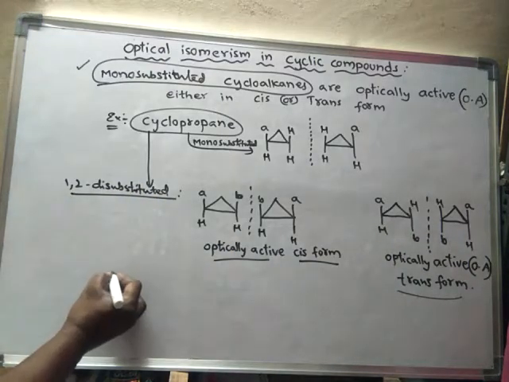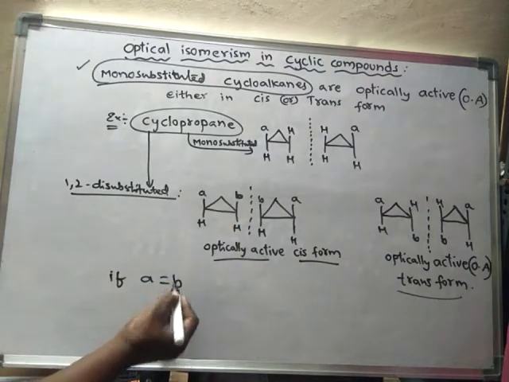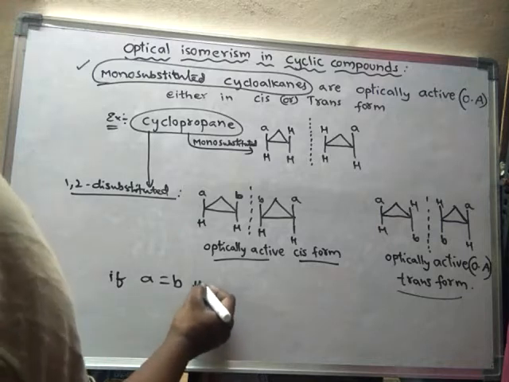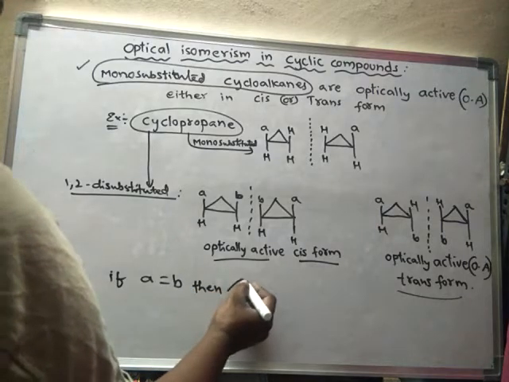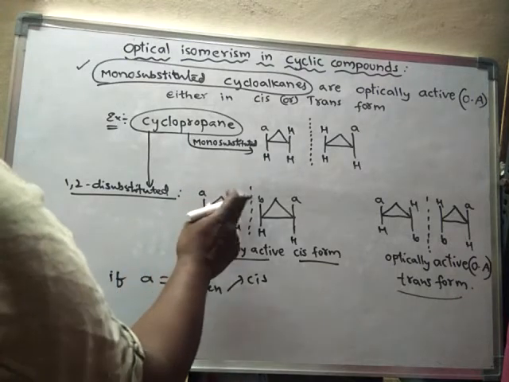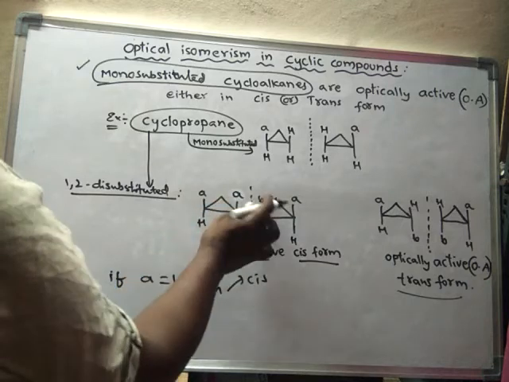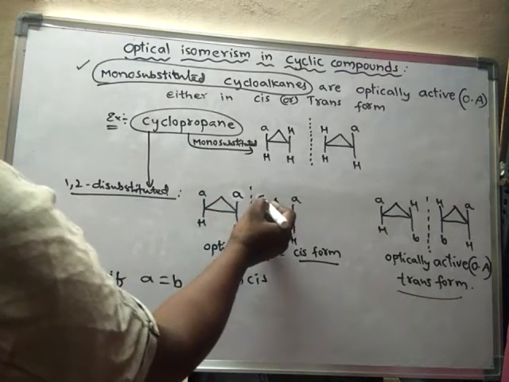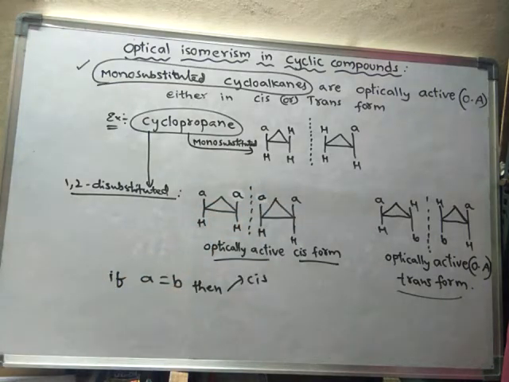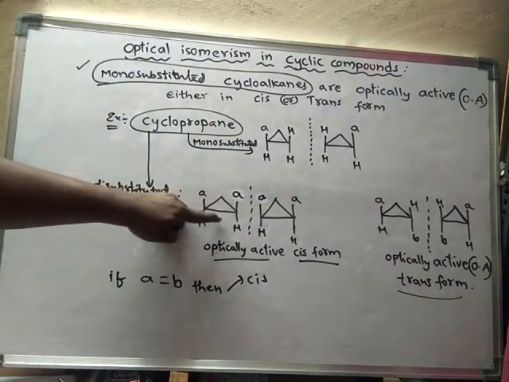Suppose A is equal to B, then in the cis form, what happens? It cannot form non-superimposable mirror images because there is a plane of symmetry in it.